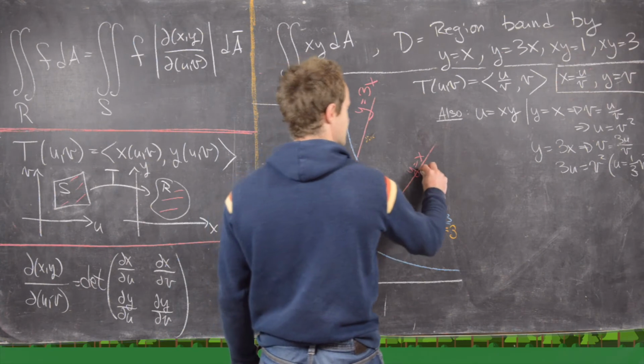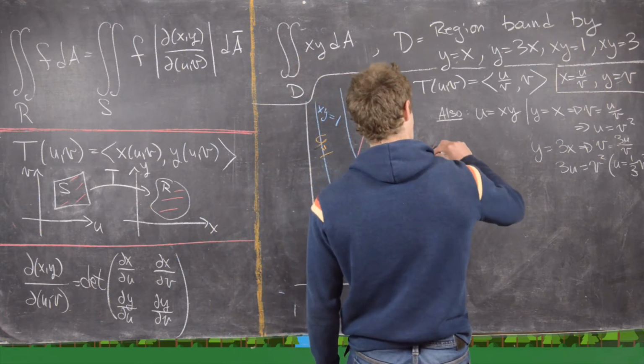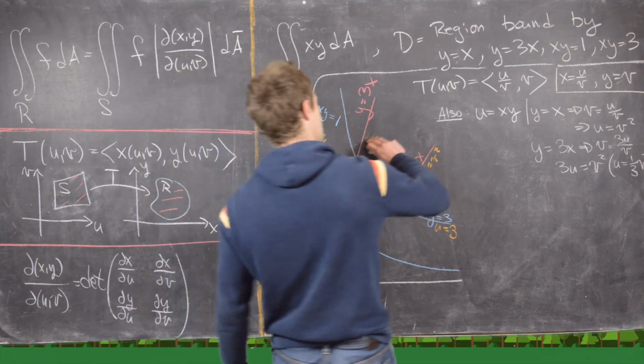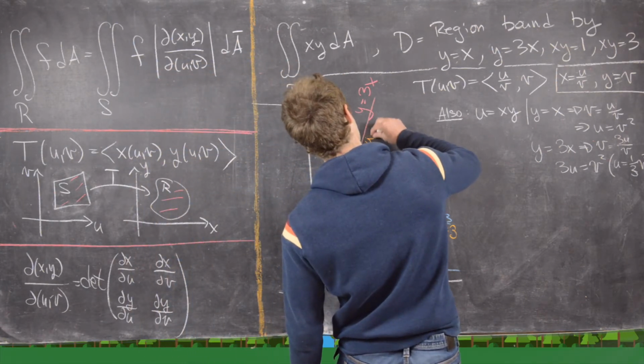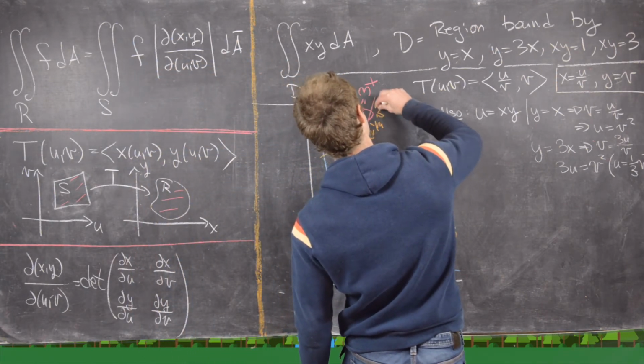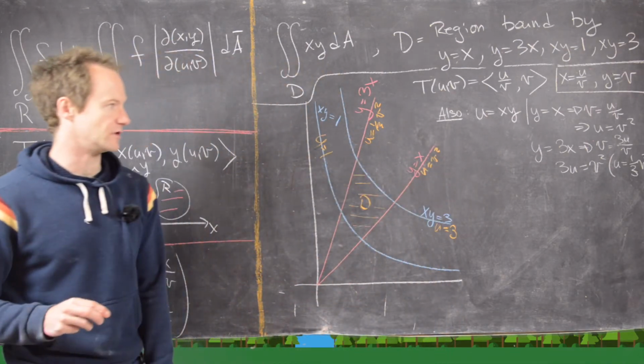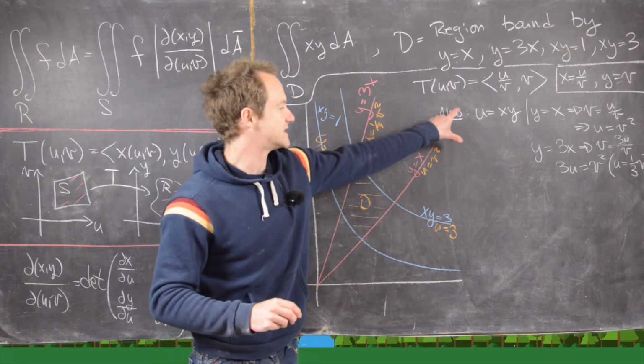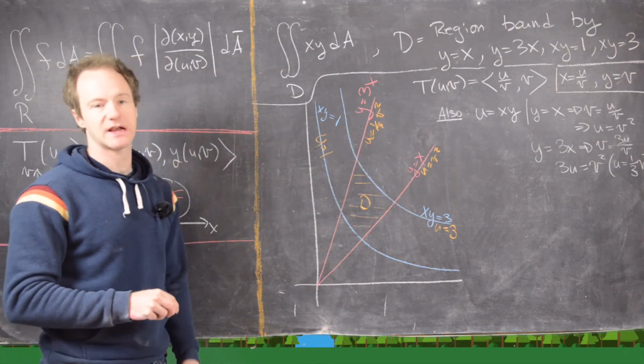Okay, so let's go ahead and point those out over here. This is going to be the same thing as u equals v squared when we transport it over into the uv plane. And this is going to be the same thing as u equals 1/3 v squared when we transport it over to the uv plane. So now that we've figured that out, I'll erase this bit and then we'll draw the picture of what we get.